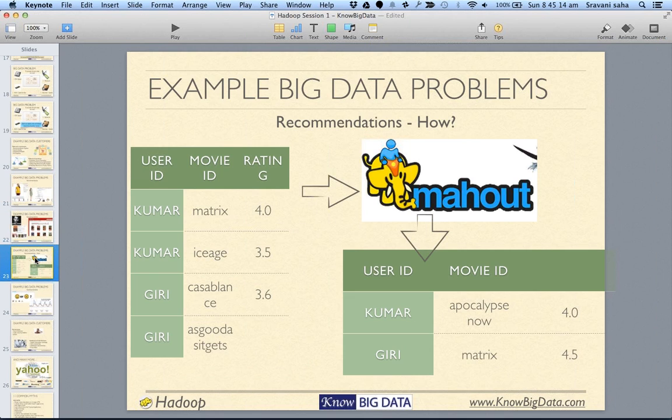So a very quick and rash way of telling you how you can do the recommendation is, say you prepare a list of movies and the people who like them. Say Kumar likes this much, and you prepare this kind of list and feed it to a solution called Mahout, and Mahout will give you the proper recommendation.